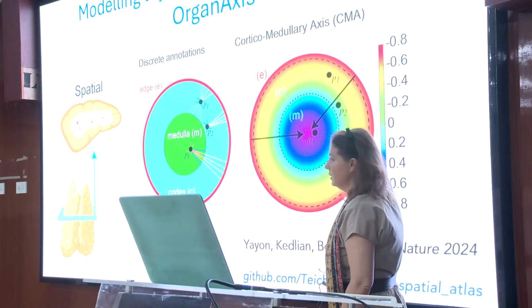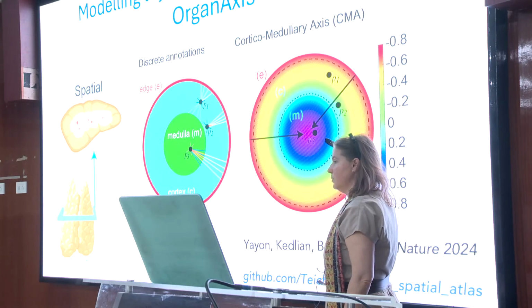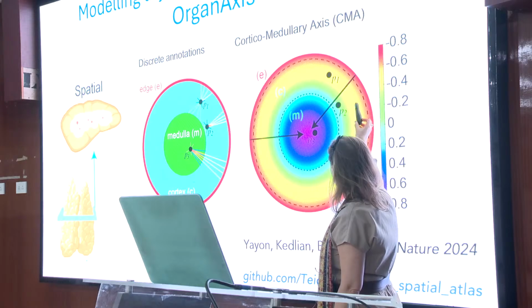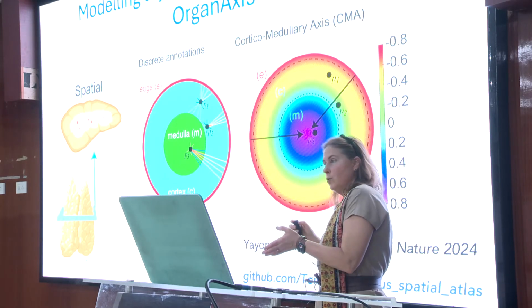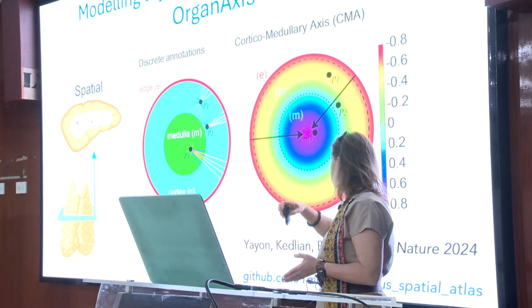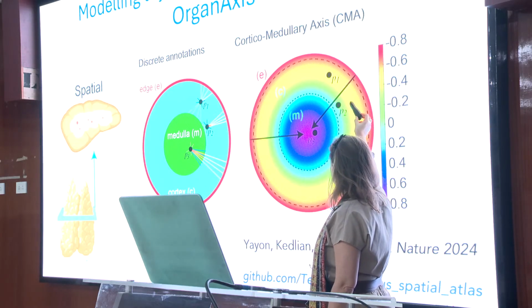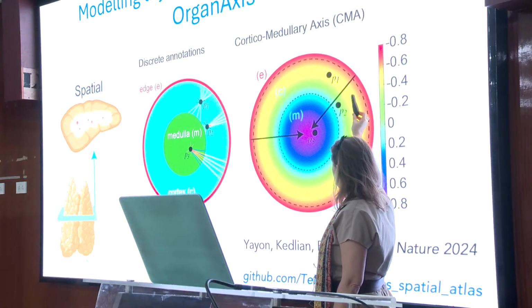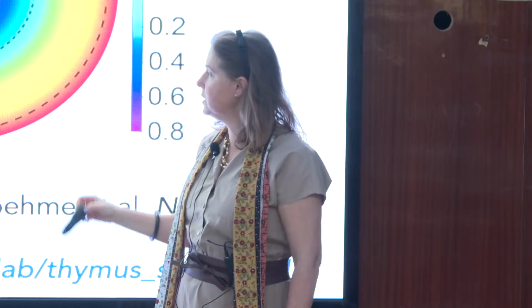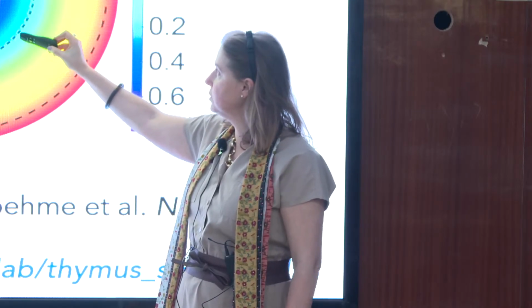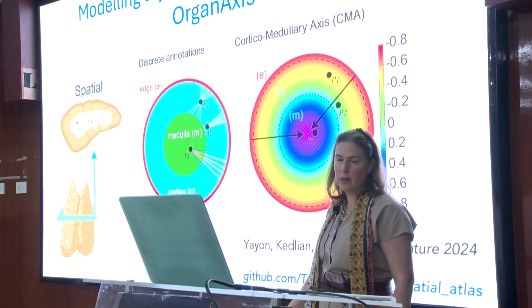And one of the things that Umesh asked in the previous talk was, can you model the developmental trajectory of cells from progenitors? And this is one example where the T cells are maturing also spatially as they travel from the outside to the inside. So the hematopoietic stem cells enter near the corticomedullary junction, and the T cells mature as they go through.